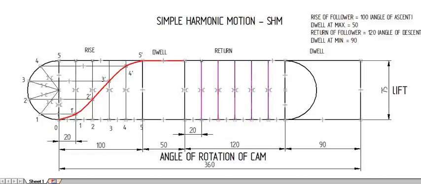So the semicircle also needs to be divided into 6. The total angle is 180 degrees, so I have to divide 180 by 6. Each section will be 30 degrees. Okay, I'm drawing it. I'm dividing.